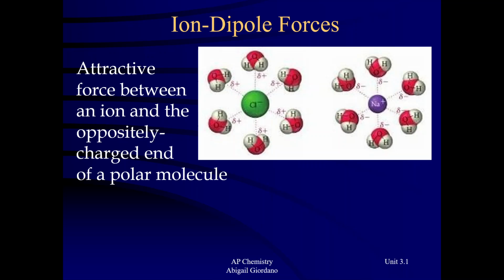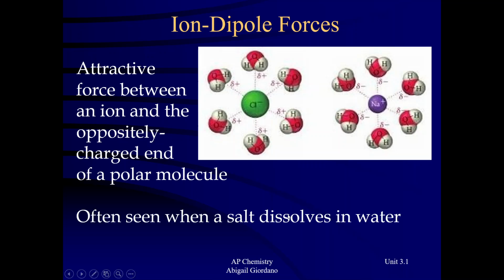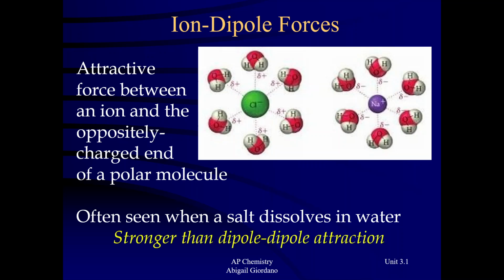Water is, of course, polar. This type of attraction, just for your information, is the strongest type of interparticle attraction. Okay, it is stronger than dipole-dipole, but we will discuss this ion-dipole attraction in a little bit more detail later on in this unit.